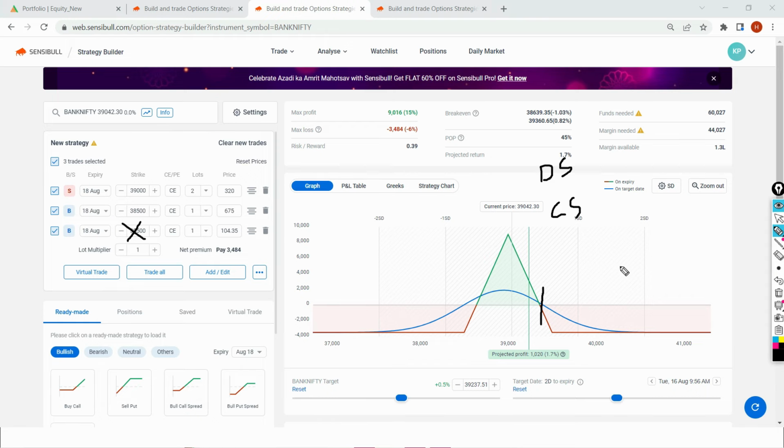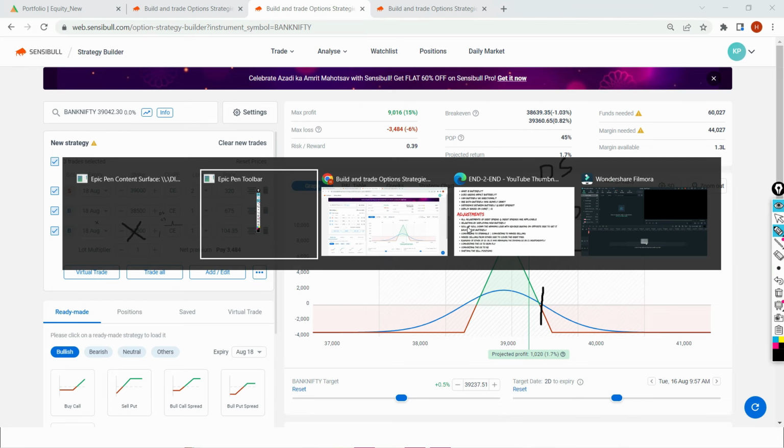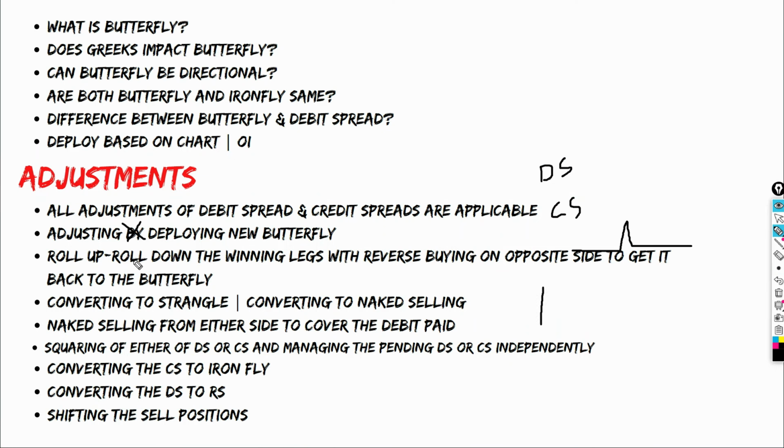Whenever you move this, you also have to move the 38,500 to balance it back to a butterfly, because the payoff graph will deviate. That's what I meant: roll up or roll down the winning legs with reverse buying on the opposite side to get it back to the butterfly. Stay with me, I'll show you all the adjustment videos.